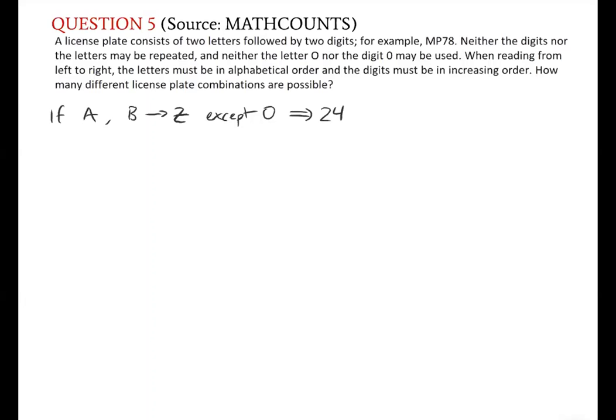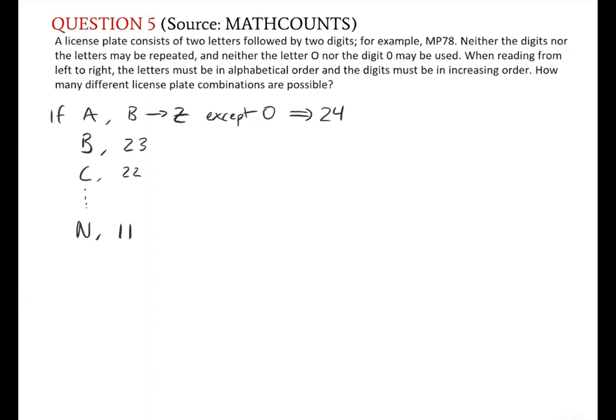And then if the first letter is B, you can use any letter from C to Z except O. So there are 23 possibilities. For C, there are 22, and that's the same all the way down to N, where there are 11.